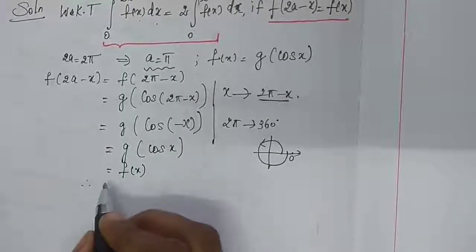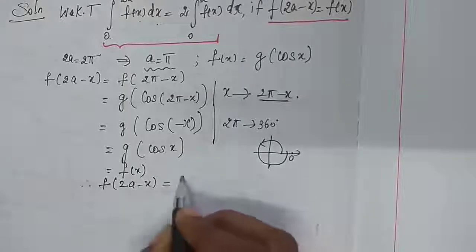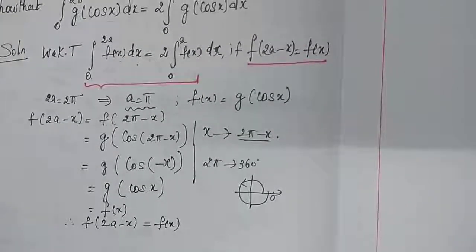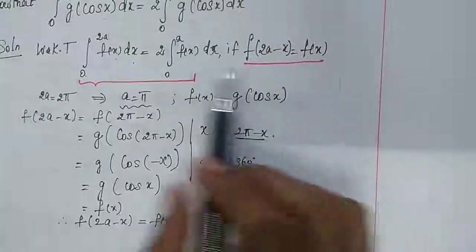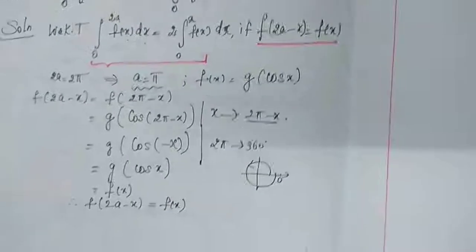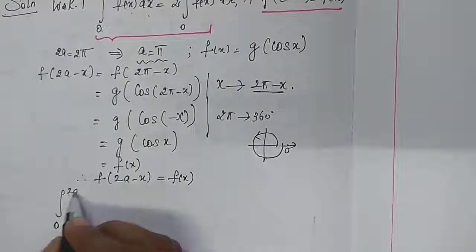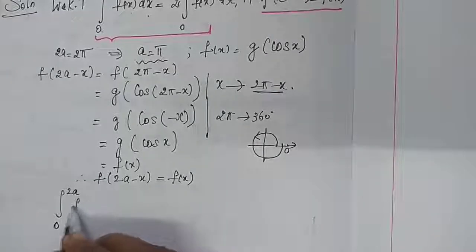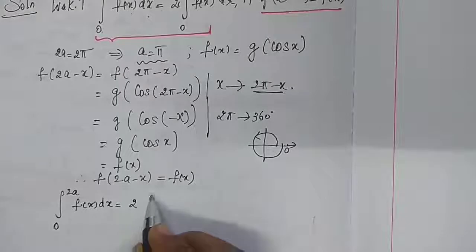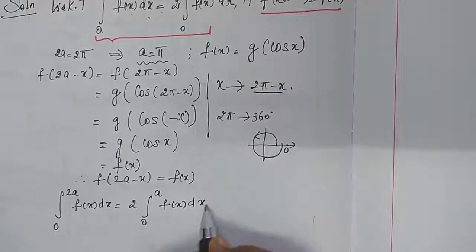Therefore, f of 2a minus x is equal to f of x, so the condition after "if" is true, and the first part is also true. Therefore, we can write the integral from 0 to 2a of f of x dx equals 2 times the integral from 0 to a of f of x dx.